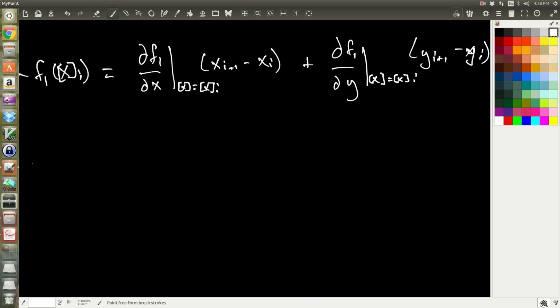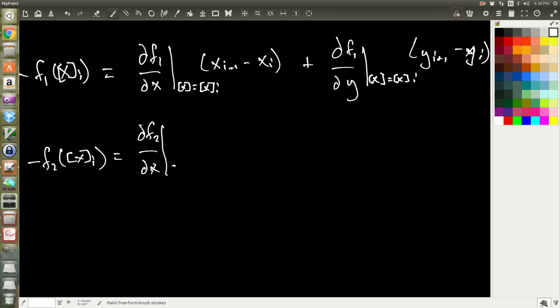Okay. Then the next equation we get minus f2 evaluated at xi is equal to the partial of f2 with respect to x.